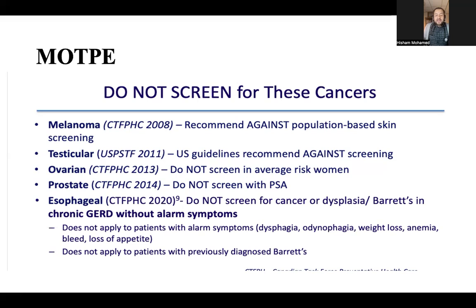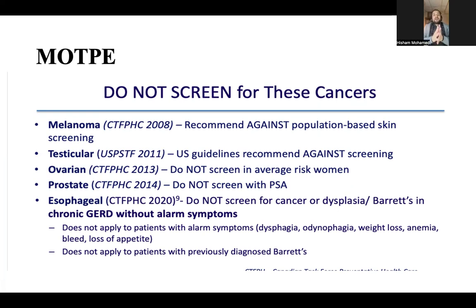You can see here it doesn't apply to patients with alarm symptoms. So we can screen for esophageal cancer with dysphagia, odynophagia, weight loss, anemia, bleeding, loss of appetite, and it doesn't apply to patients with previously diagnosed Barrett esophagus.